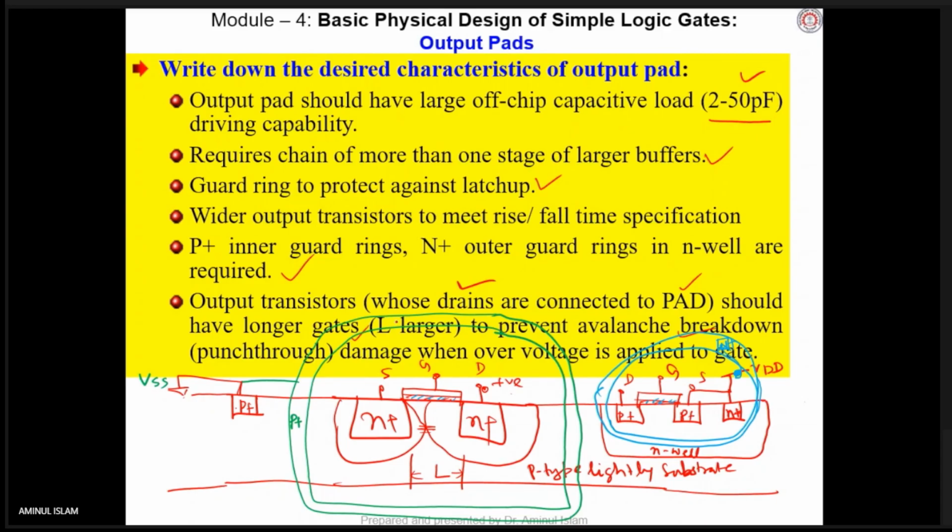Output transistors whose drains are connected to the pad should have longer gates, L larger, to prevent avalanche breakdown, which we know as punch-through damage, when an over-voltage is applied to the gate. Okay, so these are the desired characteristics of an output pad.